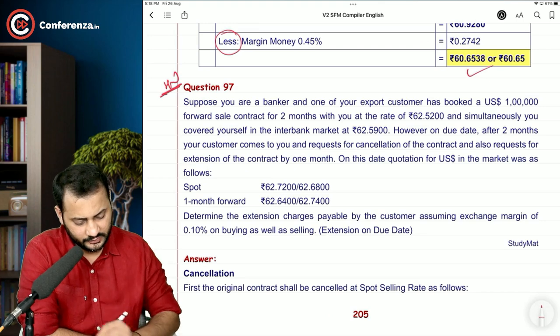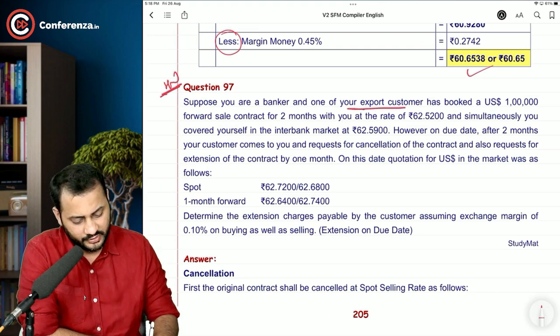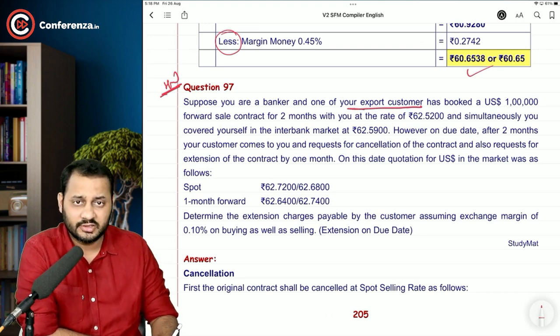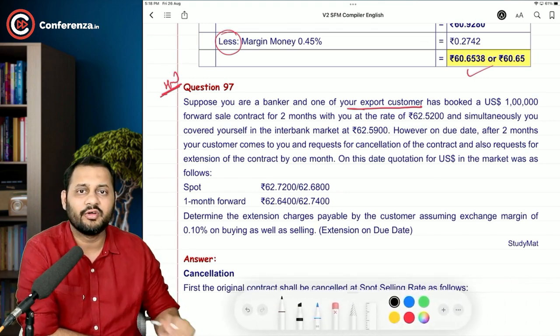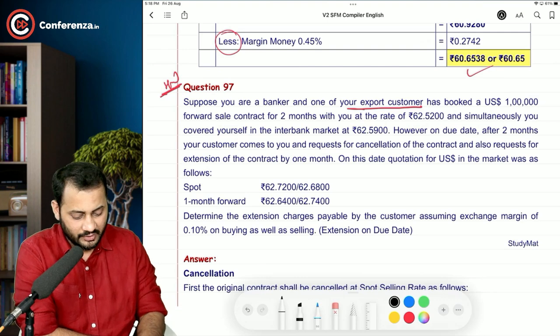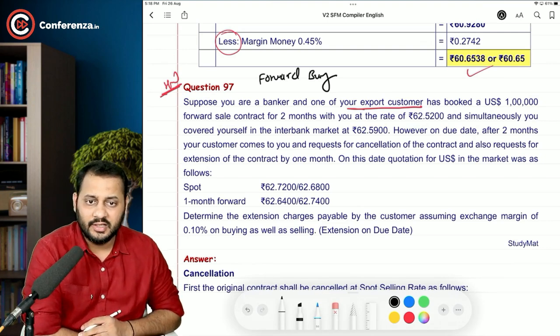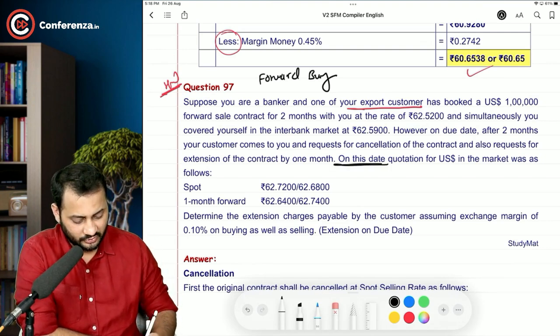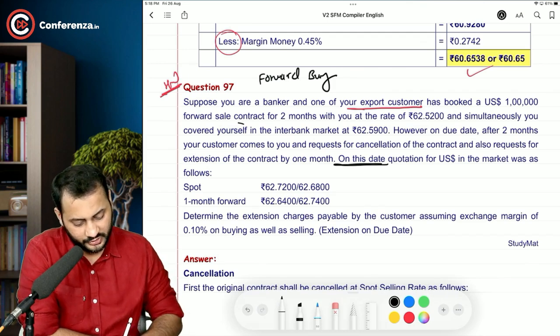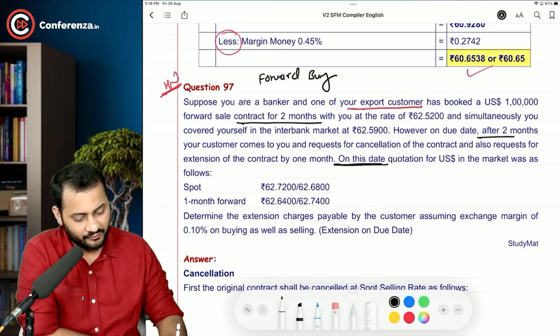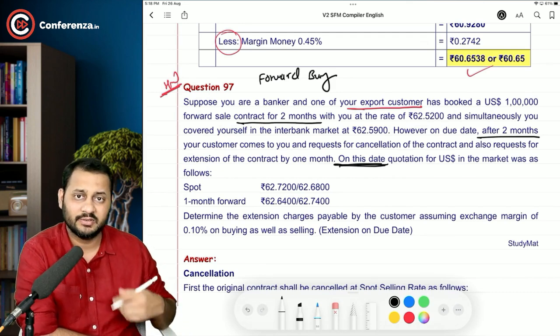Take it as homework. Your export customer. If the customer is an exporter, please understand, he wants to sell the foreign currency and the bank will buy it. So the bank's original contract is forward buy. The original contract was for 2 months, and after 2 months he is coming to the bank, that means this is an extension on due date itself.